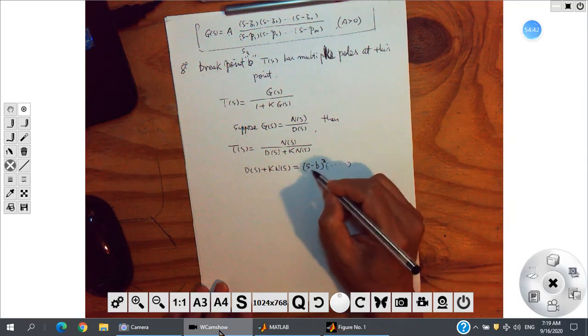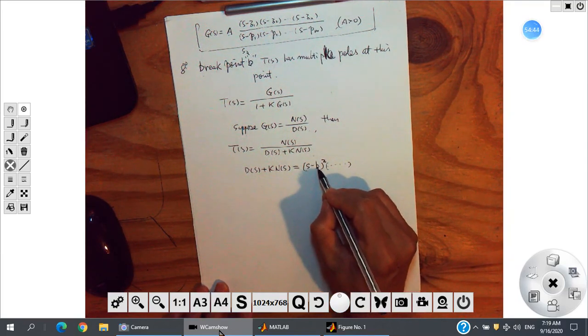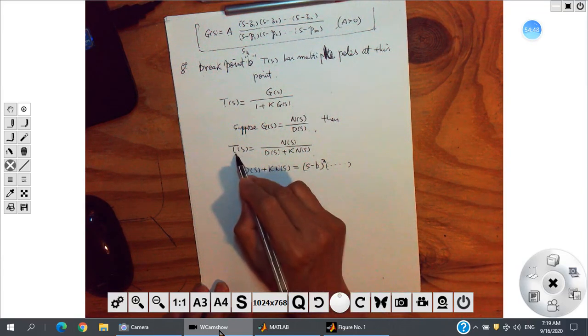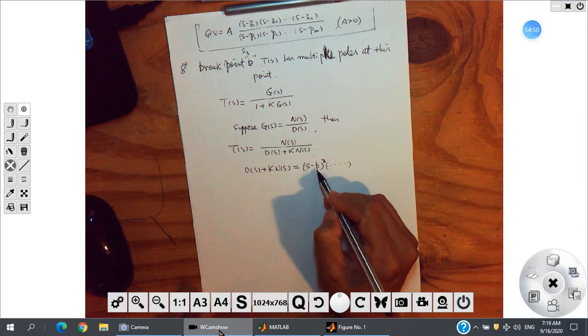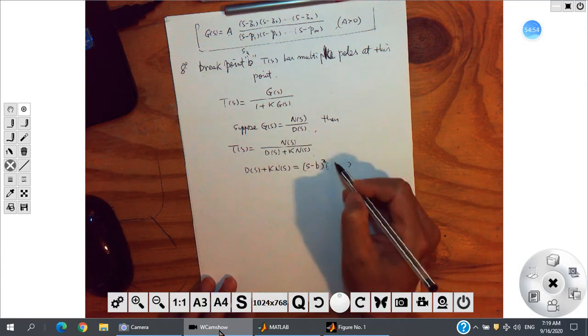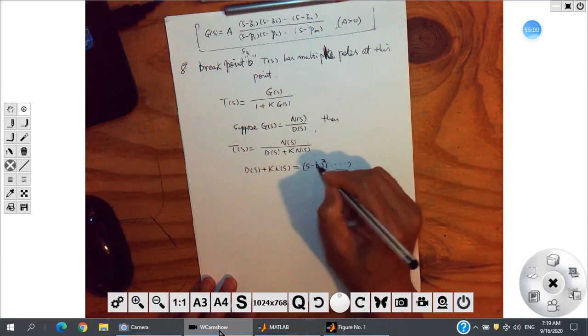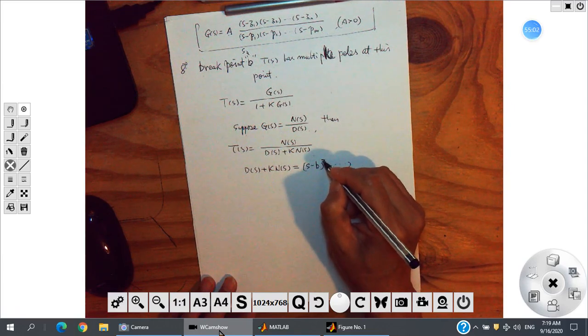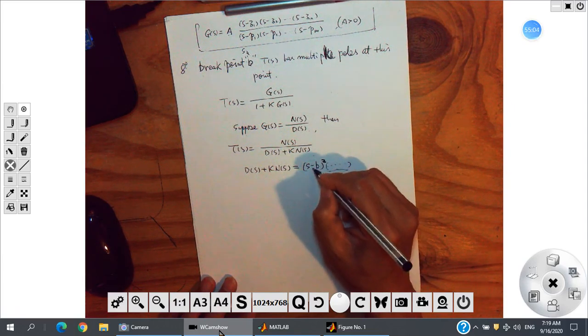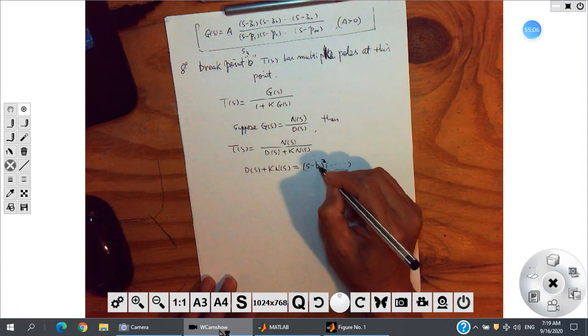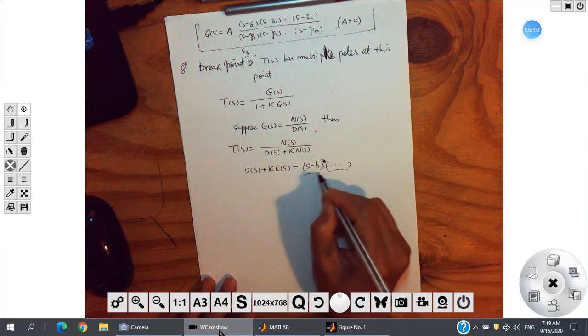Then B is a pole of T, actually two poles at the same point. If the remaining part contains more factors of s minus B, there would be 3, 4 or even 5 poles at the same point. So this is a breakaway point.